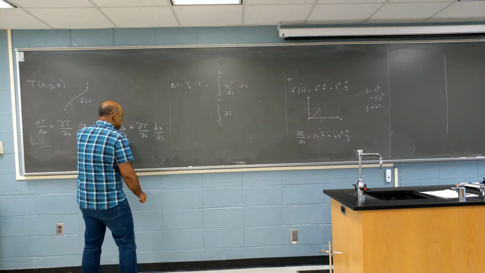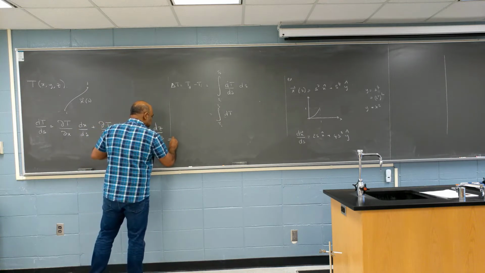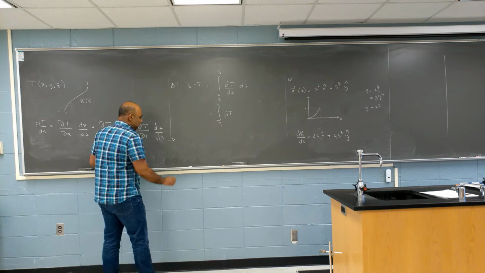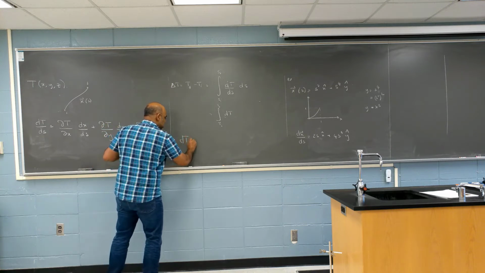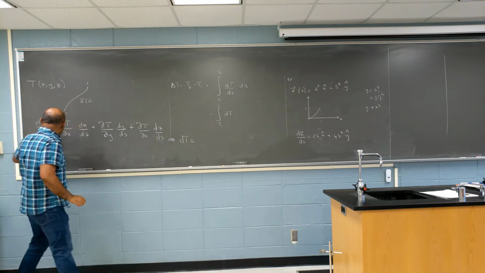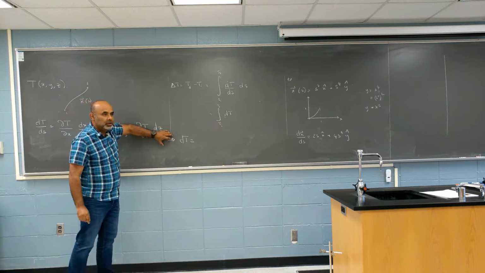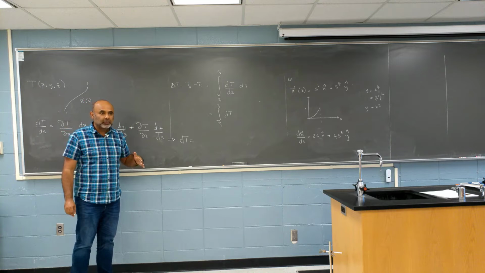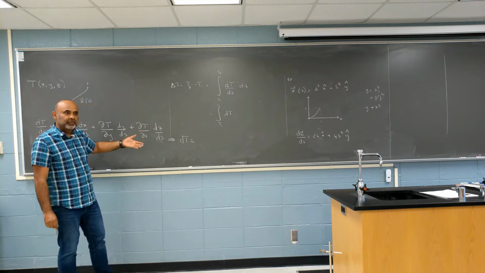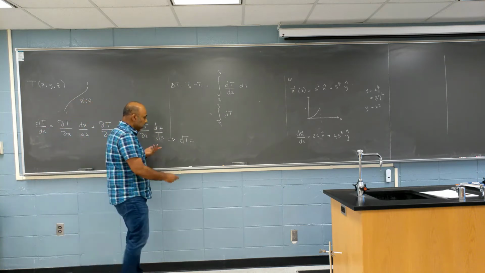So this same equation will be written as dt equals, and all I'm going to do is take the ds away. It is to be understood that if you're evaluating along a curve, you'll have to take the derivative with respect to the parameter. And so what is it?